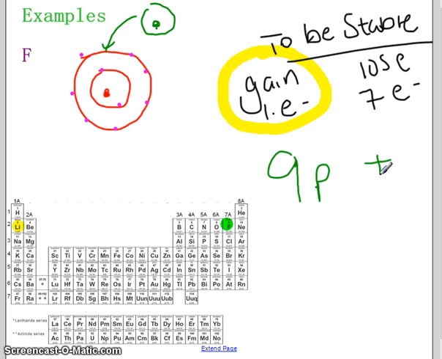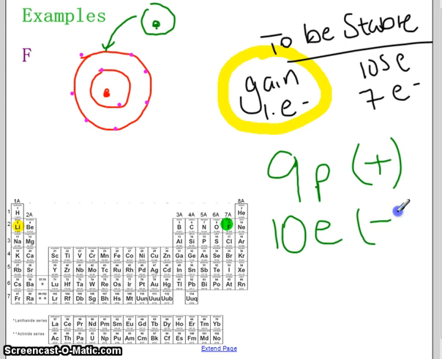When fluorine gains this 1 electron, it now has 8 in the valence shell and 2 on the first shell for a total of 10 electrons. And remember, electrons are negatives. So we have 9 positives and 10 negatives. Overall, this is equal to 1 negative. So now fluorine will have a negative charge, and we show that with an F negative.